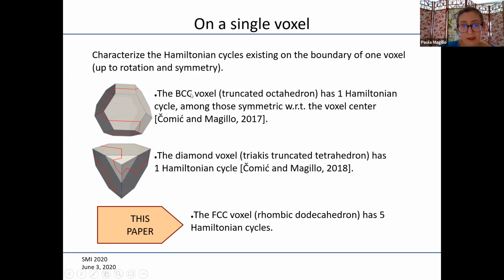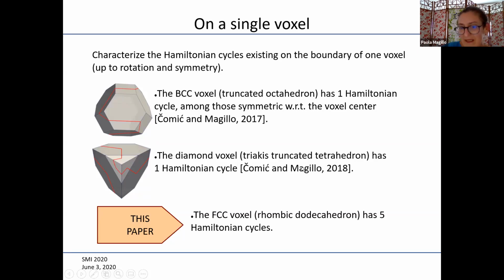So the cycles are considered modulo rotation and symmetry. From previous works, we have shown that the BCC voxel has one Hamiltonian cycle, and the diamond voxel has one Hamiltonian cycle. In this paper, we show that in the FCC voxel there are 5 non-equivalent Hamiltonian cycles up to rotation and symmetry.